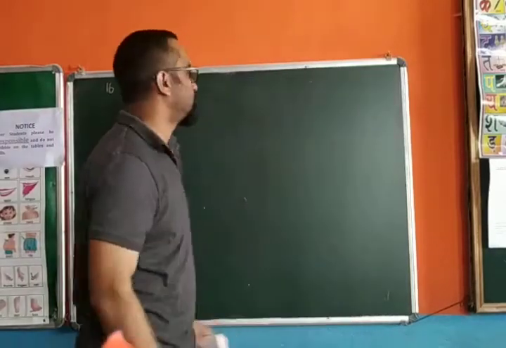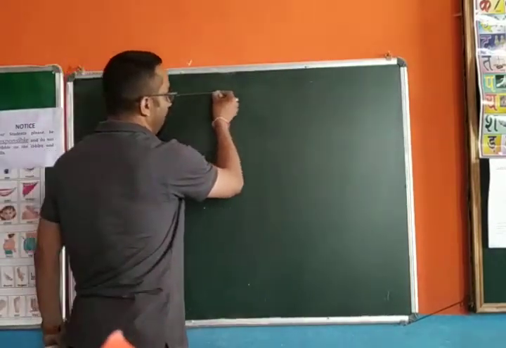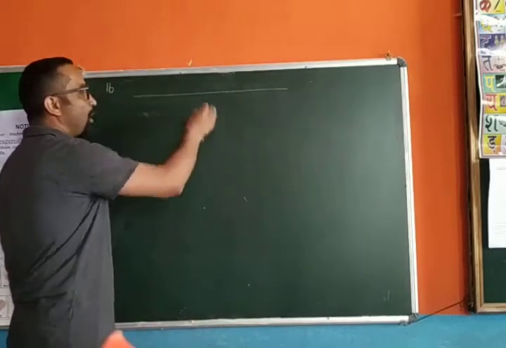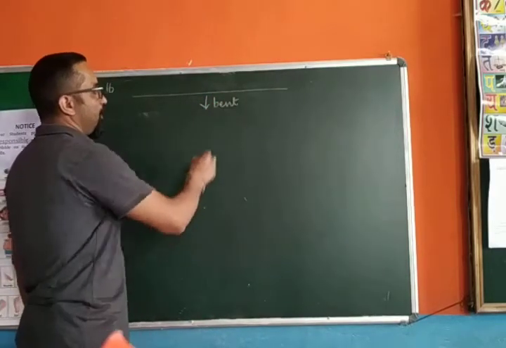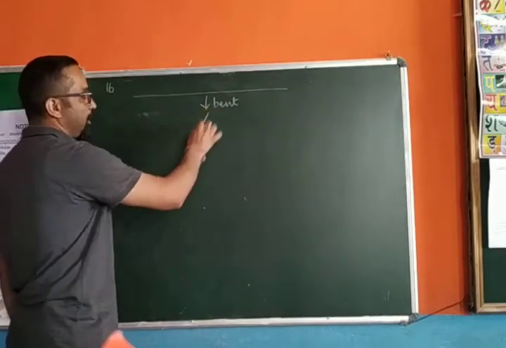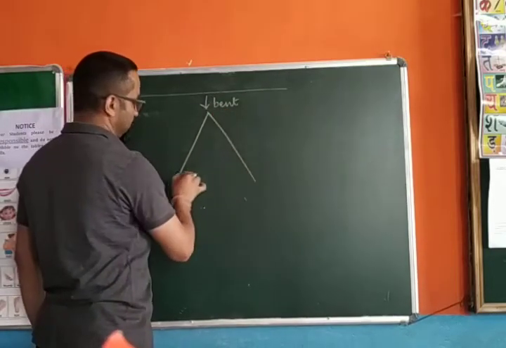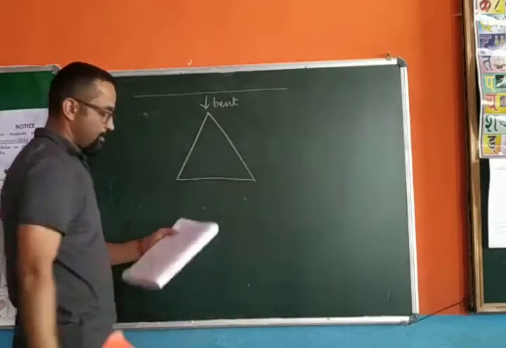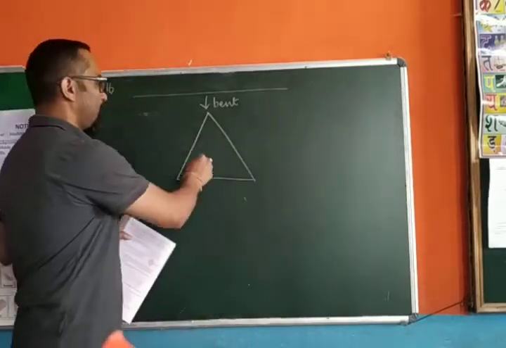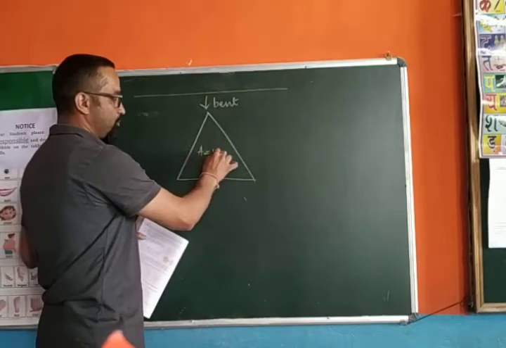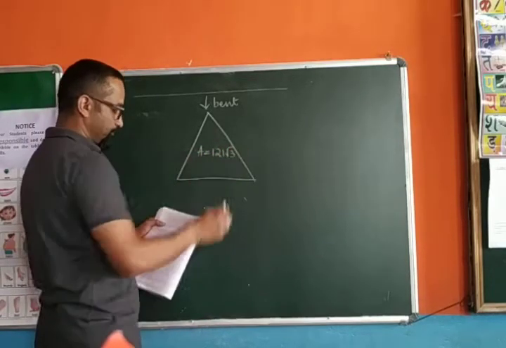Question says that you have a copper wire. This copper wire is bent into the form of an equilateral triangle, and the area of the equilateral triangle is given as 121√3.